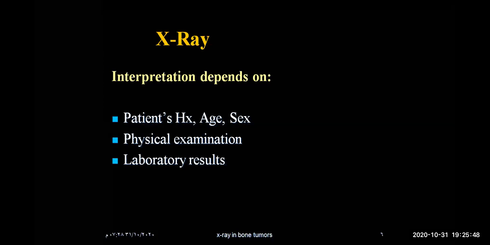So how to interpret the X-ray? The interpretation depends on the history of the patient, the age and gender of the patient. It's very important to start with the history and to relate the X-rays and other modalities to the history of the patient. Then the examination and the laboratory results.